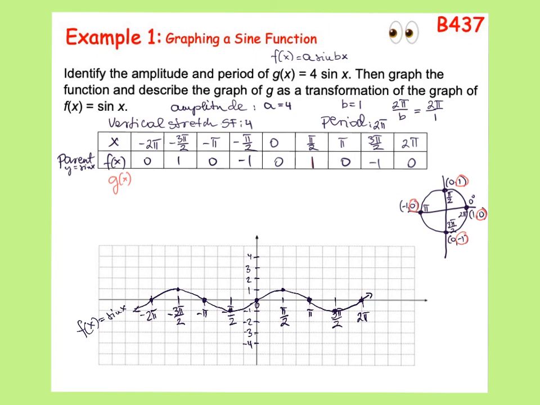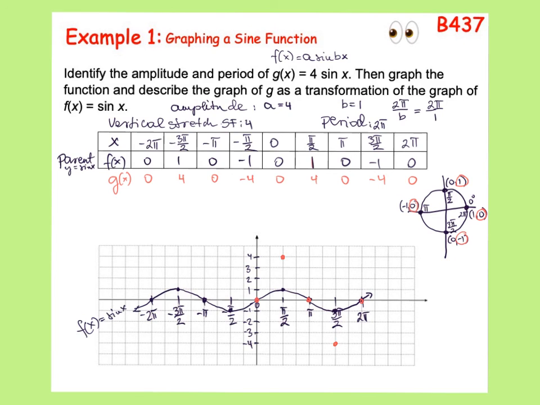And then we are going to graph our g of x, which has a vertical stretch of 4. So I multiply every y-coordinate by 4. We start graphing from 0, 0. So our point at 0, 0 is 0. Then the next point at pi over 2 is 4. Then back to 0. Then go to negative 4 and 0.